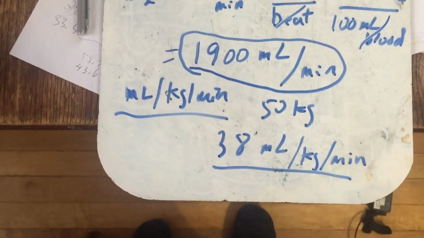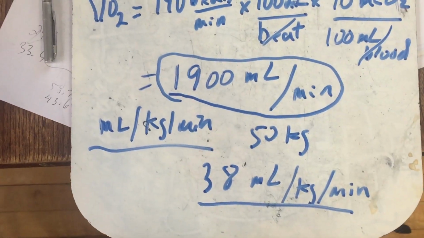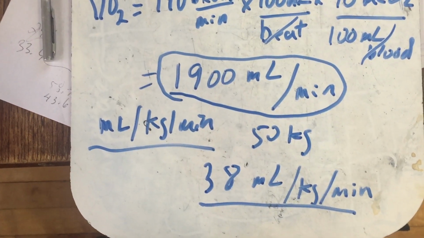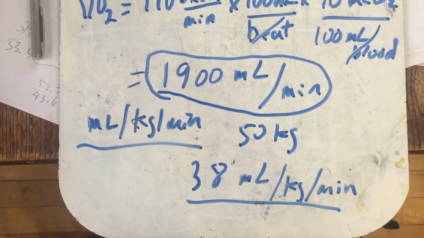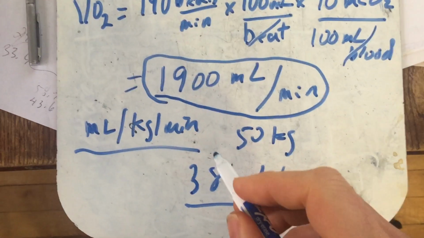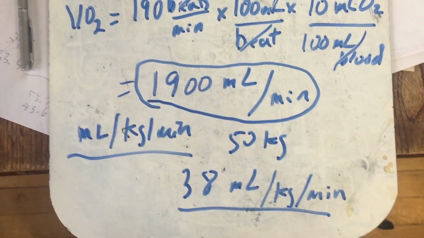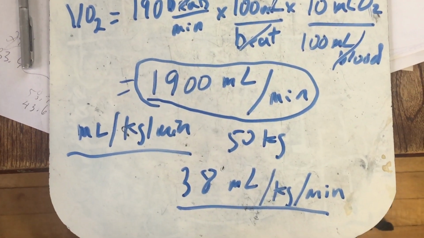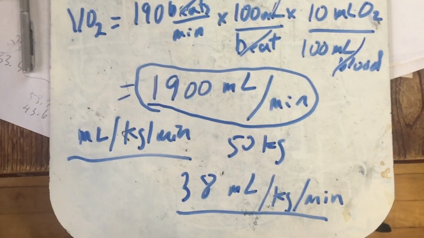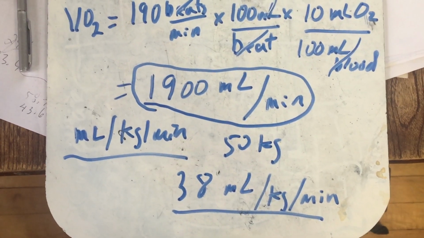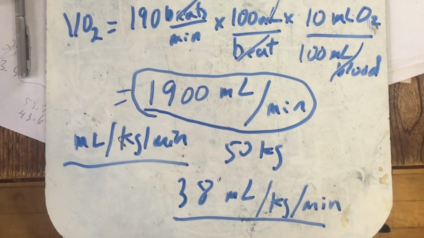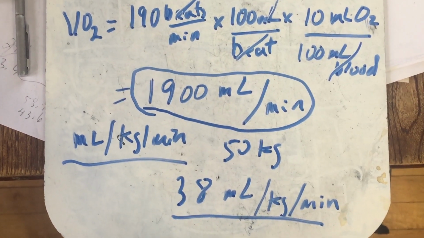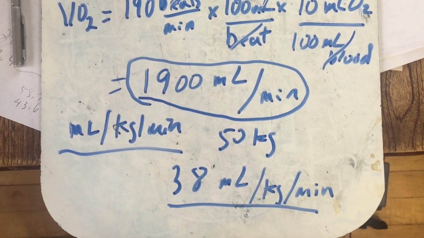And that is probably about average or below average aerobic fitness for a young person. This would be a good VO2 max for, say, a 70 or 80-year-old, but it's not that good of a VO2 max. For a female, it would be about average. For males, it's probably a little bit below average for a young male.